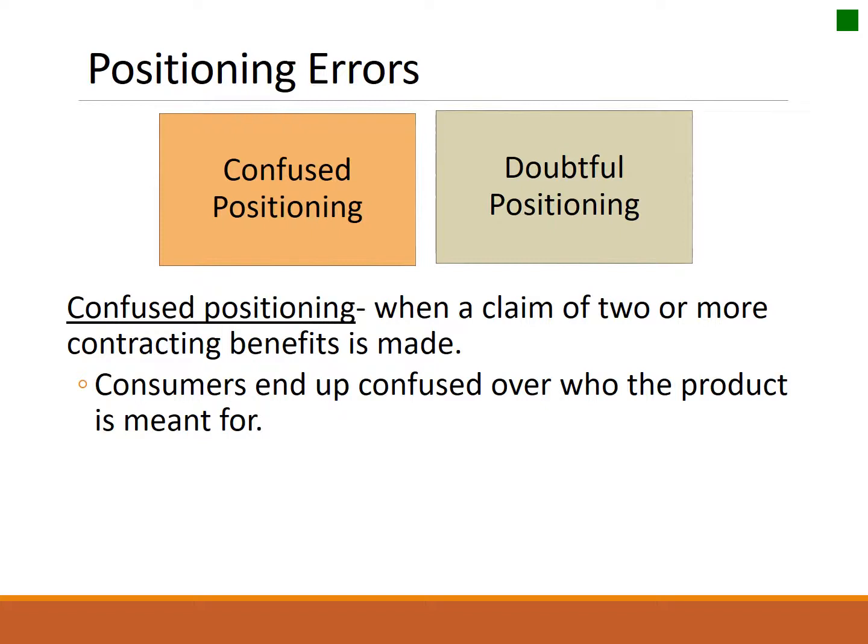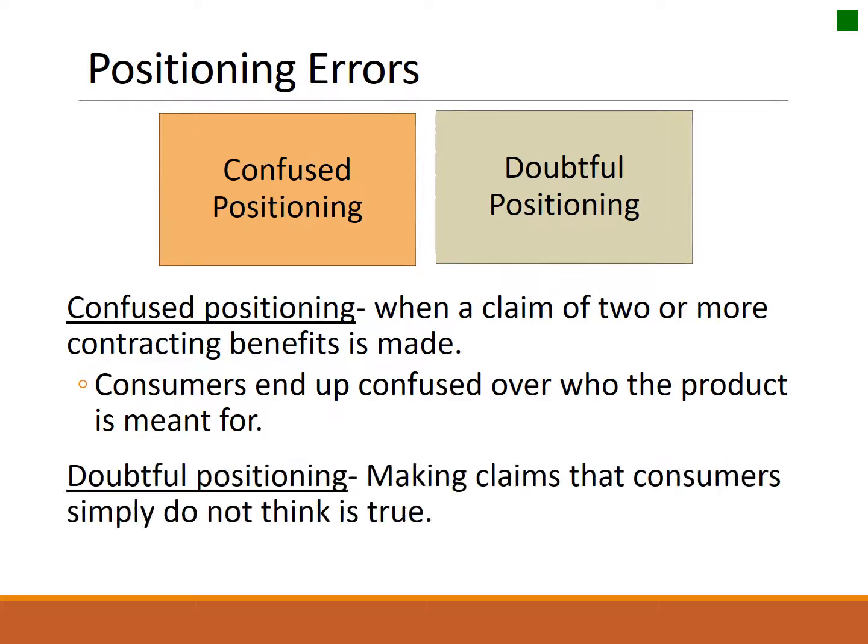Usually high quality products are priced high, and consumers expect to pay more if the quality is higher. But if I price low, the consumer is not going to believe that I have good quality, or they're going to be confused as to why they would pay less for something that is clearly better. Now, this might not necessarily be a bad thing, but it's certainly going to be confusing.